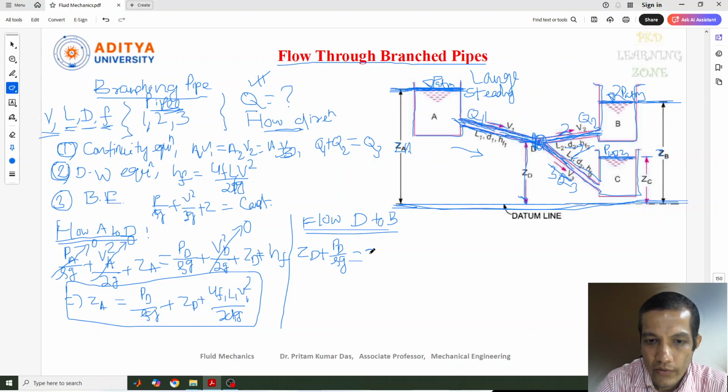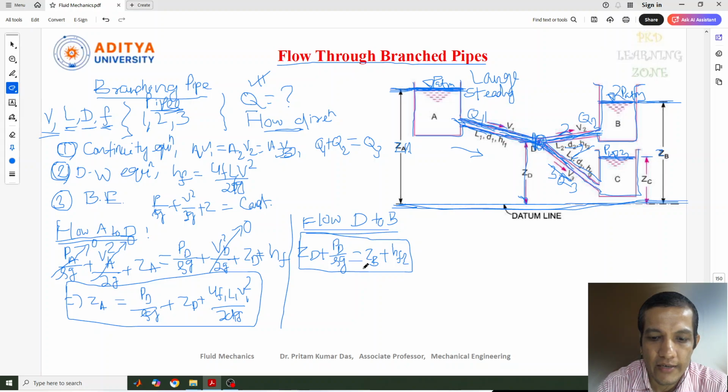So here also we can write ZB, the head of this surface level, plus the head loss that happened between them. This is the flow from D to B. If it is so, then I can write in this way.